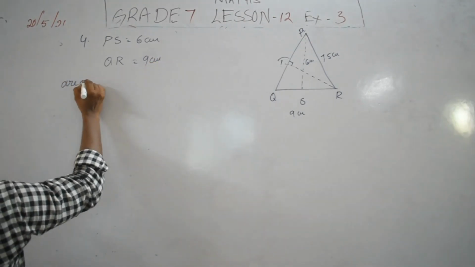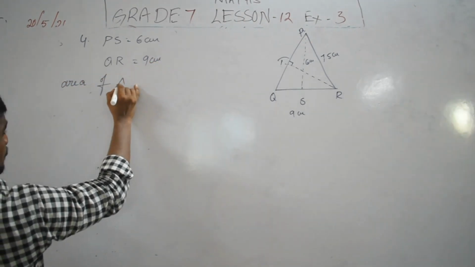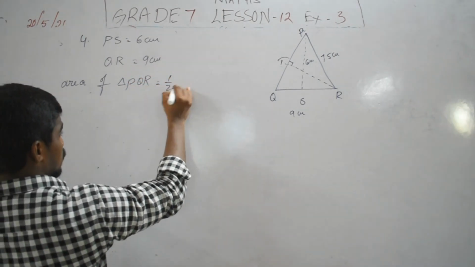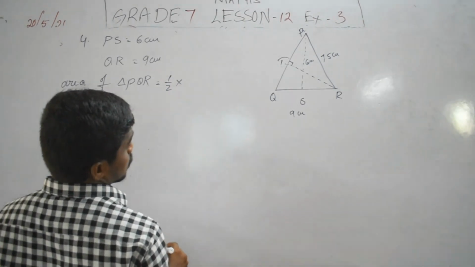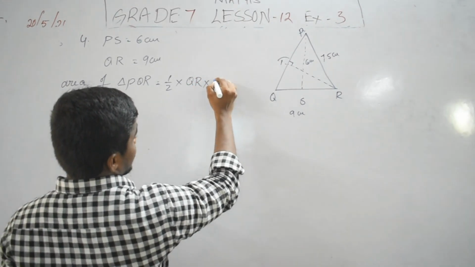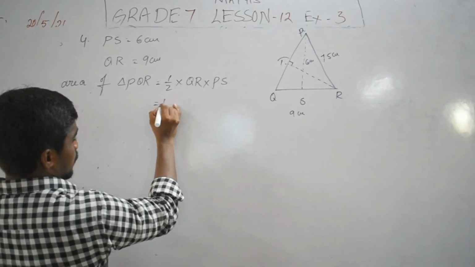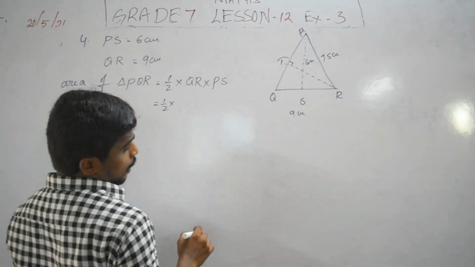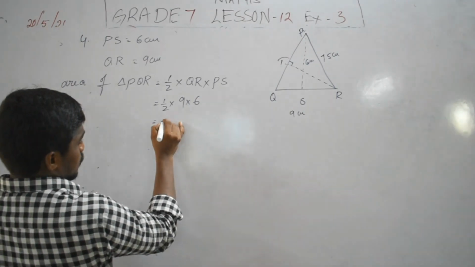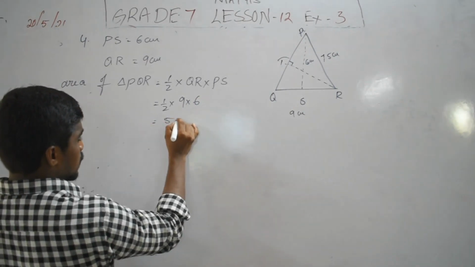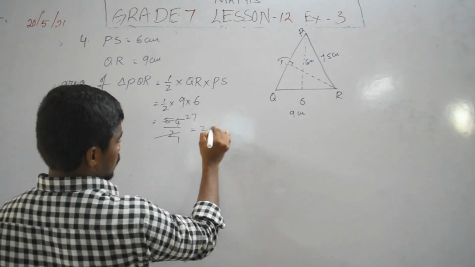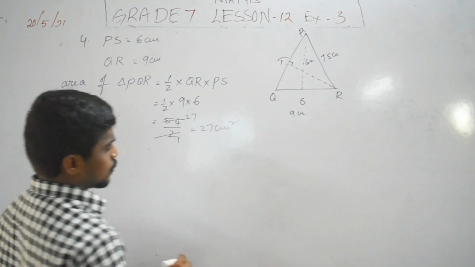Now area of triangle PQR, area of the triangle PQR equals 1/2 times base QR, height PS. So 1/2 times QR how much? 9. PS how much? 6. 9 sixes are 54 by 2. 2 ones are 2, 27. 27 centimeter square.